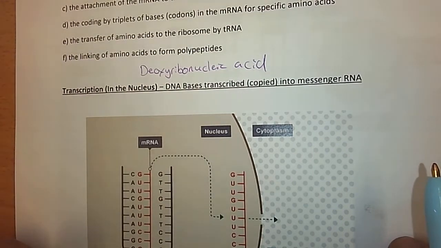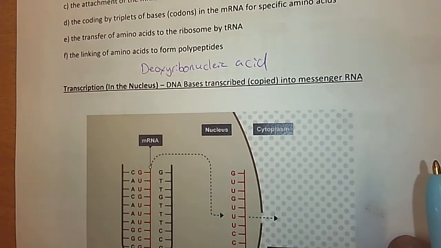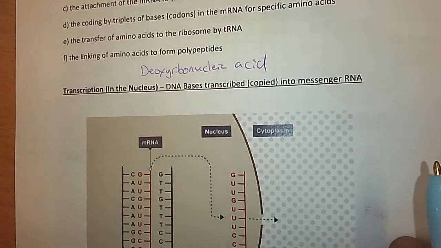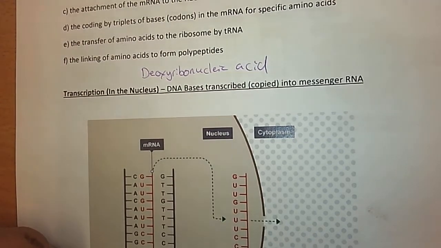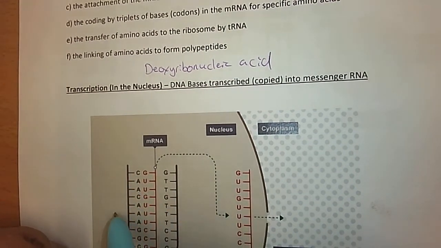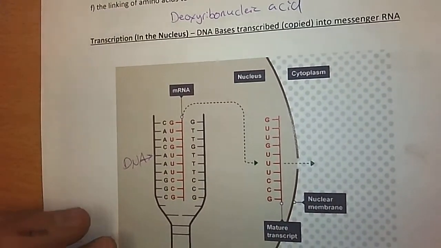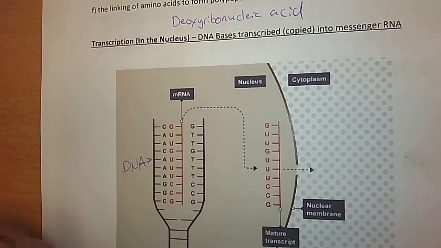Okay, there's two types. In evolutionary terms, RNA is older, from the early bacteria that used RNA instead of DNA. We've got both of them. We've got DNA, which is in the black here. This is DNA. And we've got the mRNA in red there.